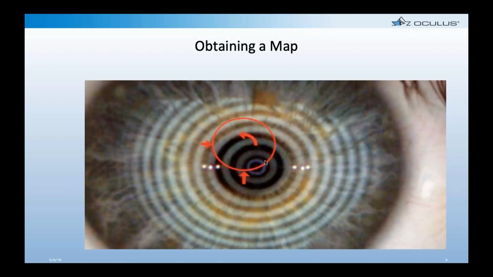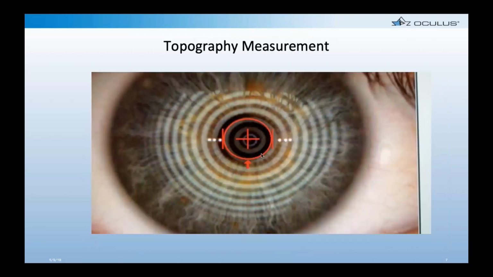As far as obtaining the measurement itself, again, once you are in focus and you've got the crosshair aligned and all the arrows disappear because you're in focus, the instrument automatically captures a single image, and within about 2 seconds on your screen will pop up the image of your patient's cornea with the Placido disc ring superimposed, just like the image we see here.